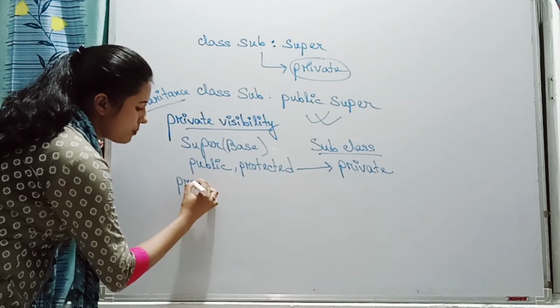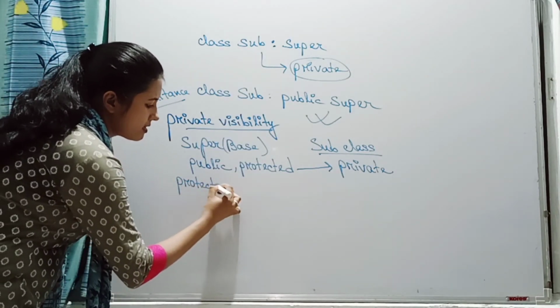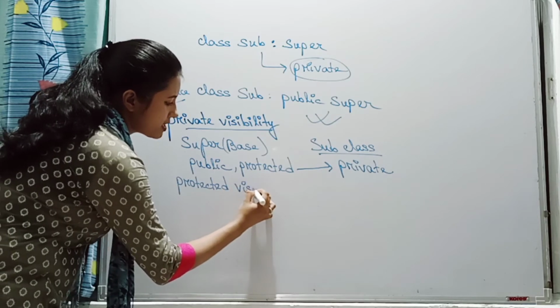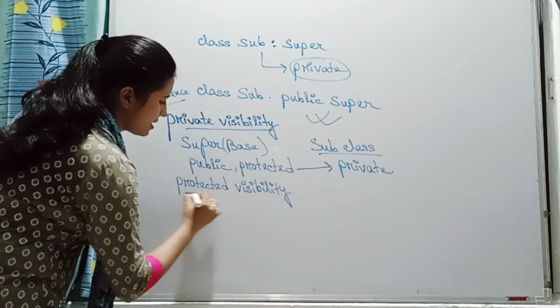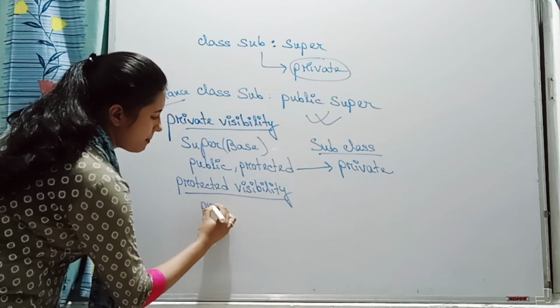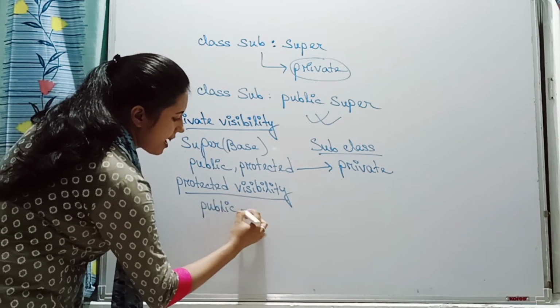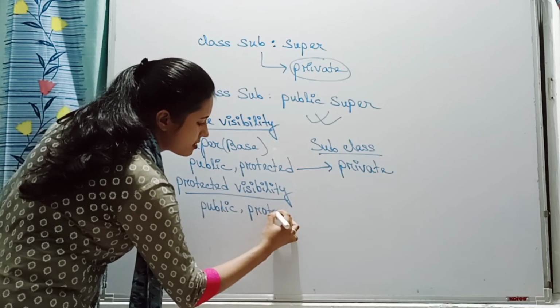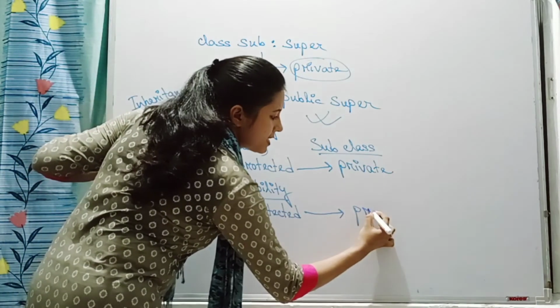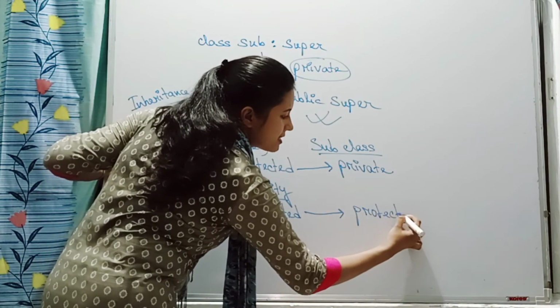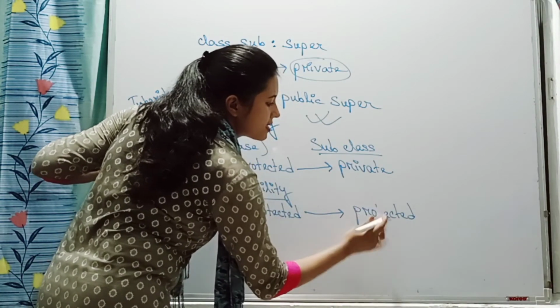Then you come to protected visibility. What happens in protected visibility? In protected visibility, the public and the protected members go to the protected section of the subclass. I am summarizing all the things that I have discussed.